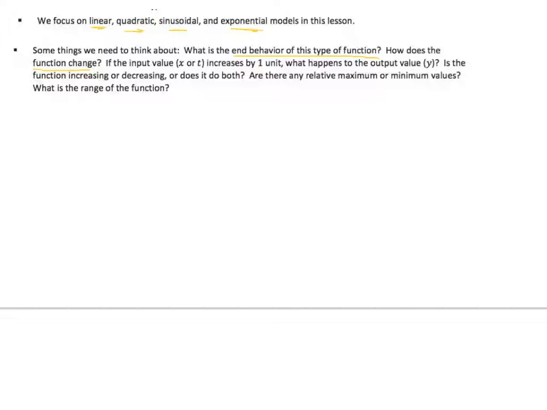If the input value, x or t would be time, increases by 1 unit, what happens to the output value? That'd be the domain and the range. Is the function increasing or decreasing, or does it do both? Are there any relative maxima or minima values? And what is the range of the function? So these are all the things that we need to keep in our mind as we pick the model that we're going to use to model the data.